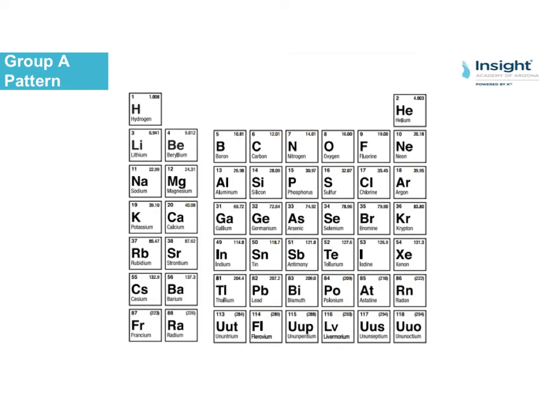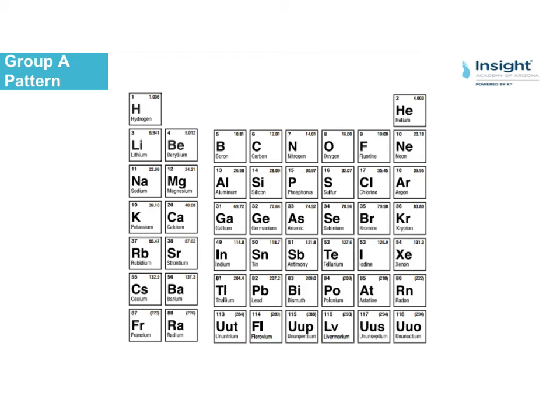The other aspect of what you need to know for monatomic ions is that the group A ions have specific patterns or specific rules that they tend to follow when it comes to forming ions. We've talked about this before in Unit 3. You did that labeled periodic table, you should already have this on there.